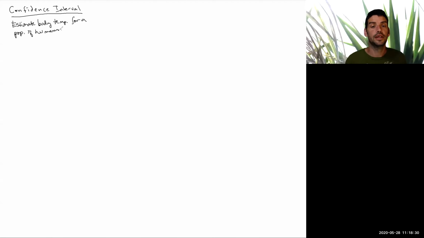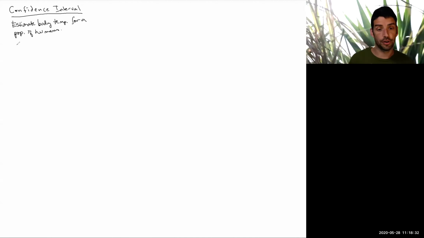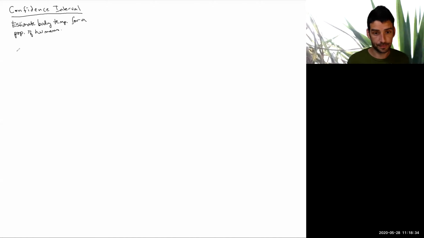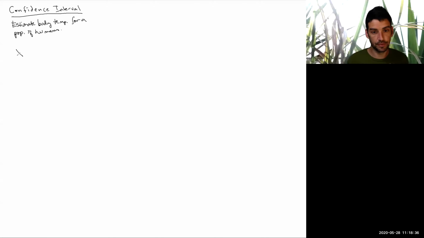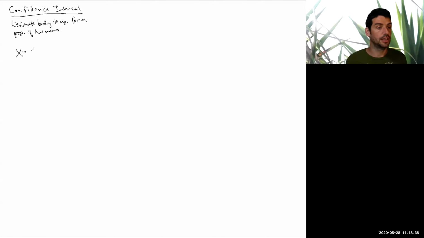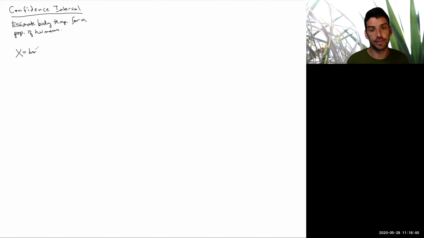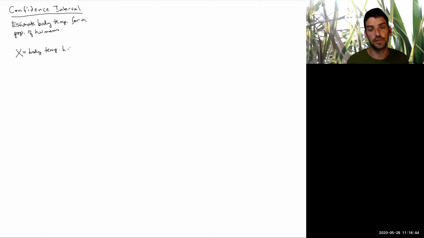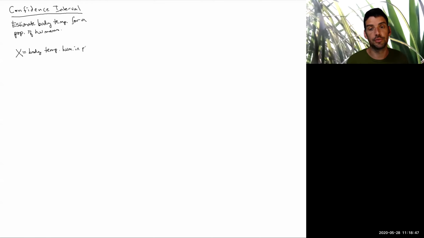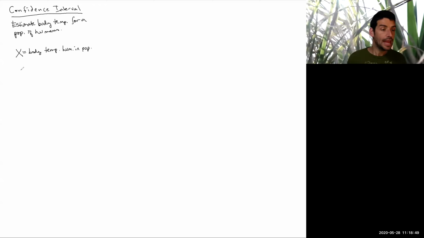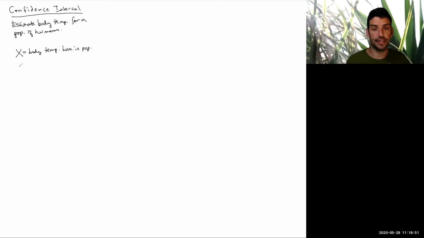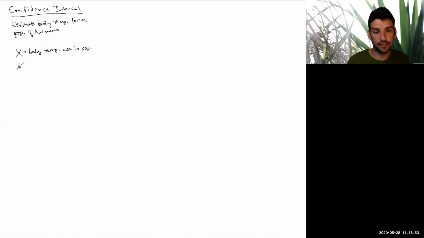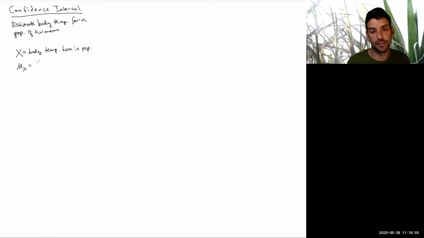In other words, there is a variable I'll call X, the body temperature for humans in the population that we're talking about, right? And what we're trying to find is the mean of this.